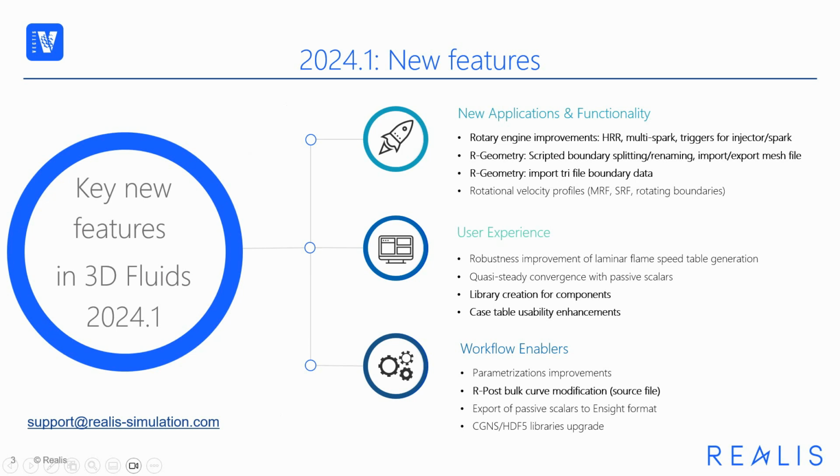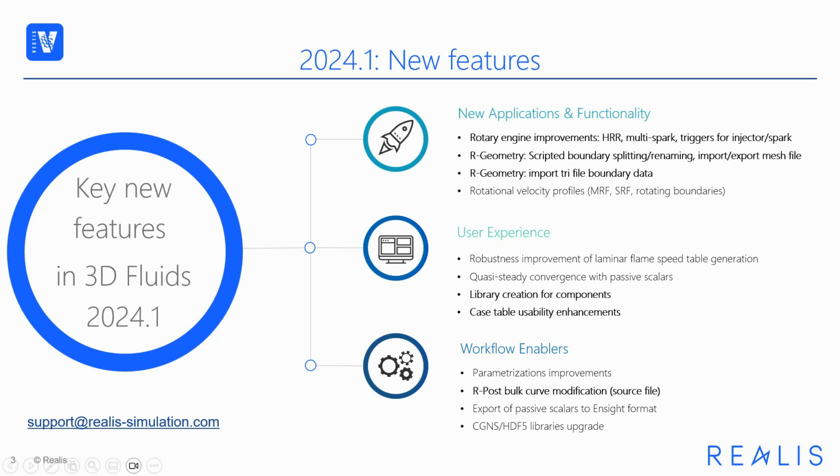The creation of library components supports a seamless exchange of modern components between different setups or team members. And finally, usability enhancement for simplifying the construction, checking, and navigation of large case tables have been introduced.